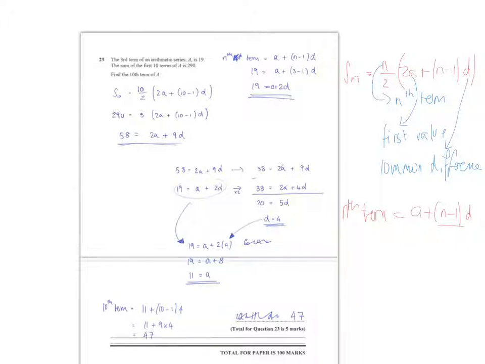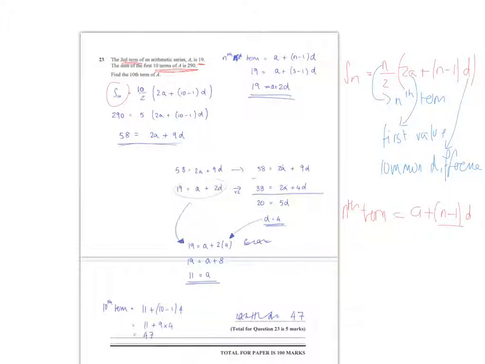Now we're told in the question the sum of the first 10 terms is 290, and the third term is 19. So if I consider the sum of the first 10 terms first, so sum to 10, so when n is 10, I've got 10 over 2, brackets 2a plus 10 minus 1 d.